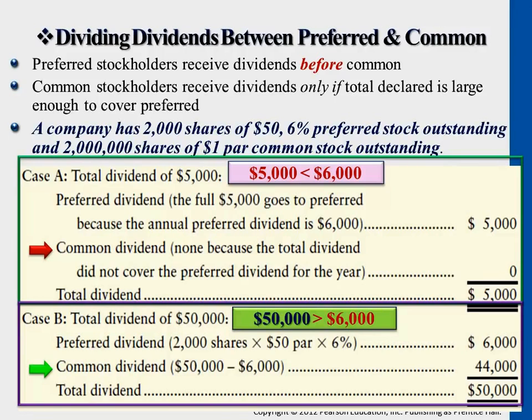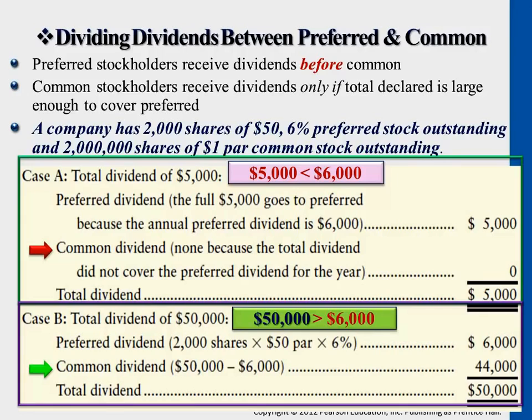So this is a cumulative case. If there's a missing amount this year that they didn't get, it will carry on to next year. In case the problem specifies that the preferred shares are non-cumulative, that basically means after the first case, preferred shareholders this year only get $5,000. Next year, that missing $1,000 doesn't carry on. It's just the opposite of a cumulative case.